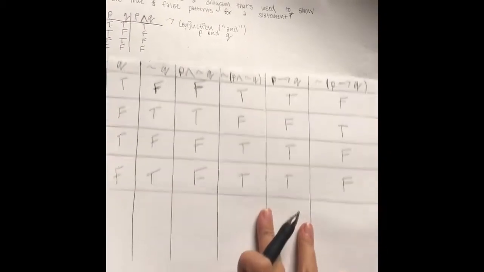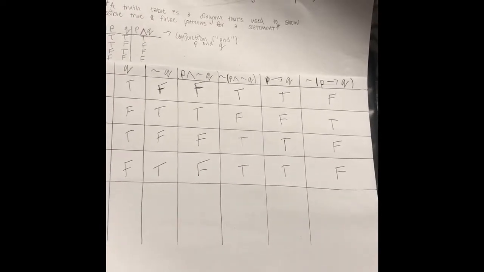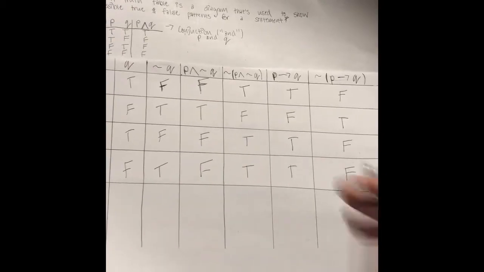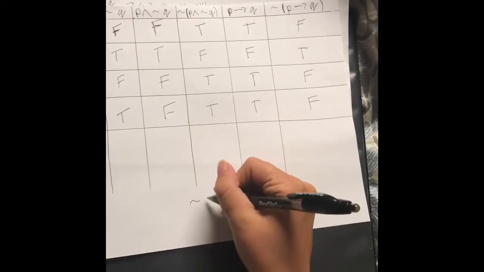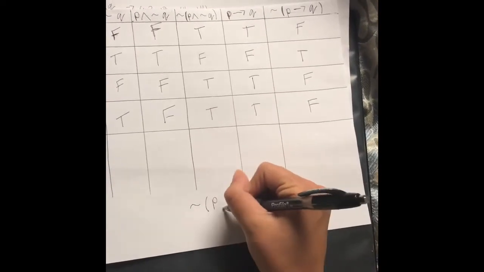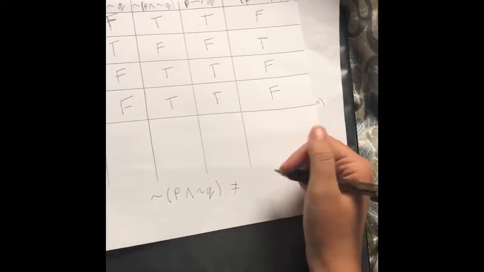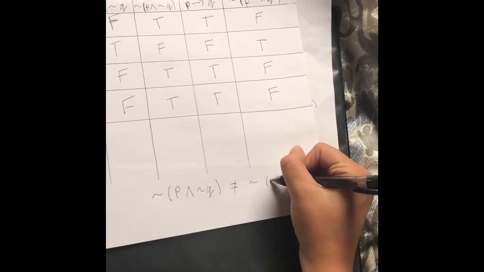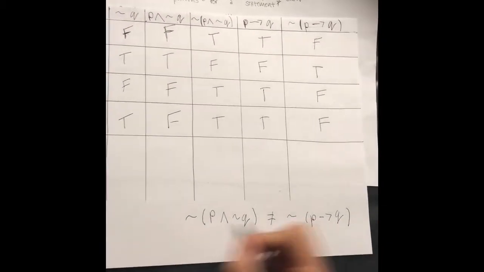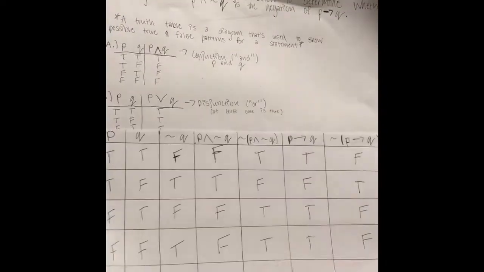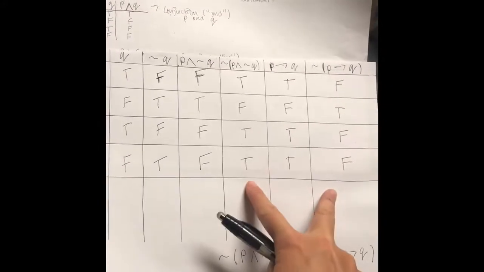So because of that, we can determine that the negation of P and not Q is not the negation of if P then Q. How we write that is negation, parentheses, P and not Q, is not equal to the negation, parentheses, if P then Q. So that is our final answer, and by drawing our truth table, we could reach that conclusion by looking at both this column and this column right here.